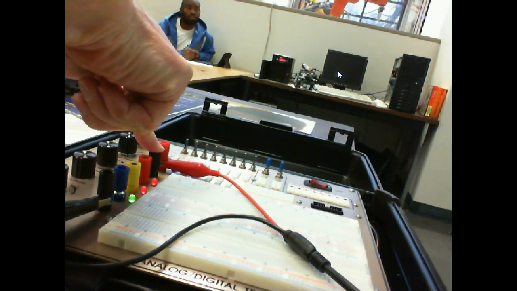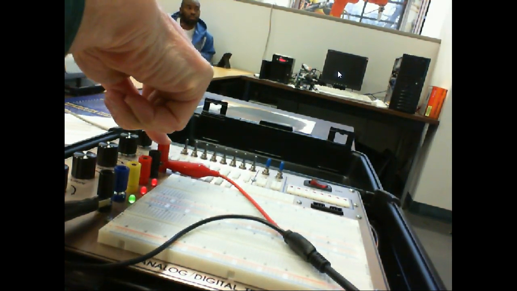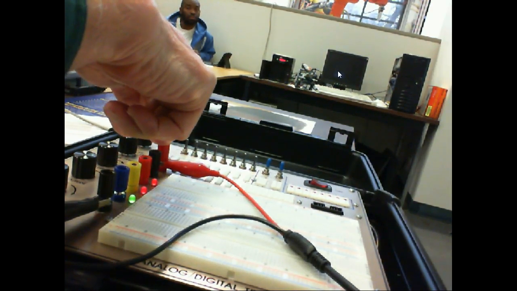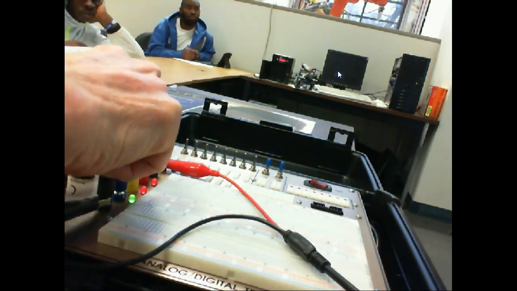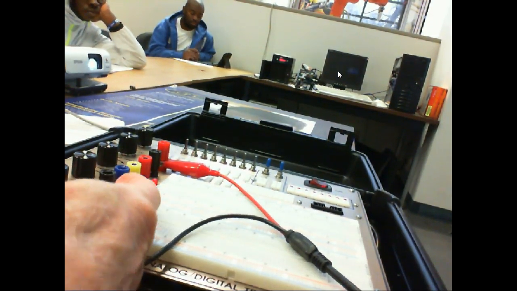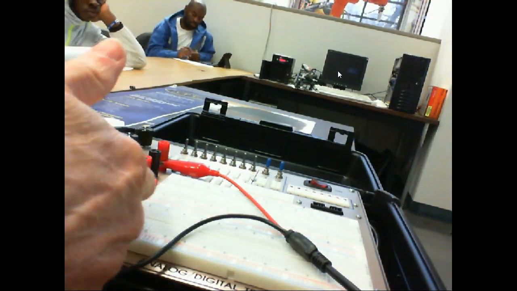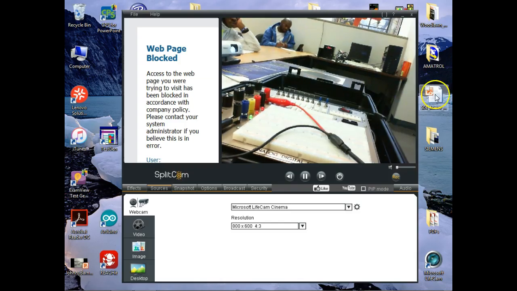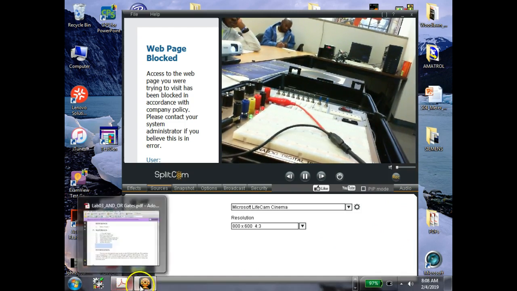Generator is an AC output. Clock is a TTL output, which means it's going to be going from 0 volts up to 5 volts. Okay. And then, of course, we'll have to reference it to the common of the trainer, which is this black one on the very bottom. Okay. And we'll look at a little bit more of that in a little while.